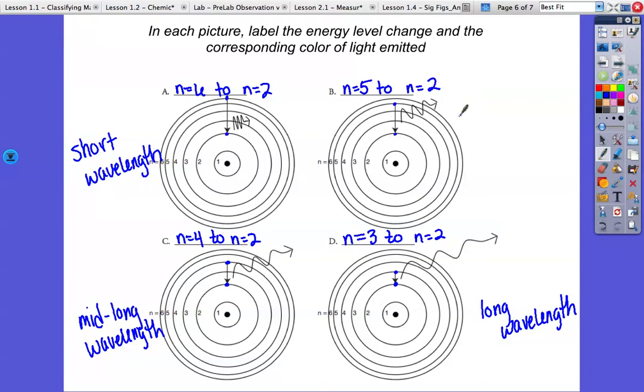And then B is a little bit shorter, so this is going to be our short to mid wavelength.